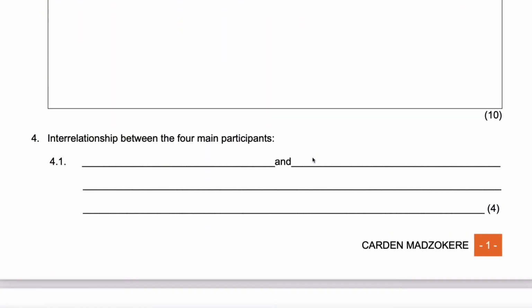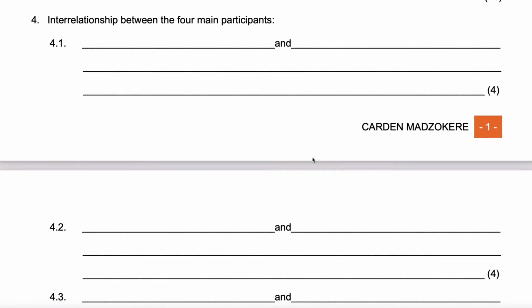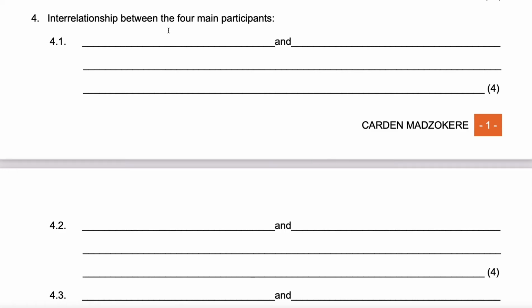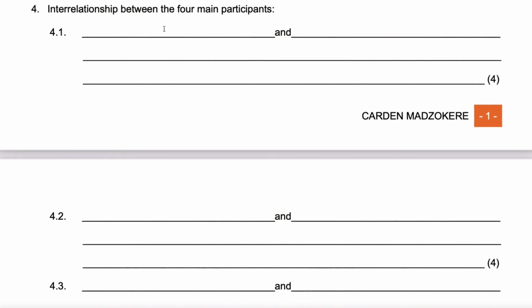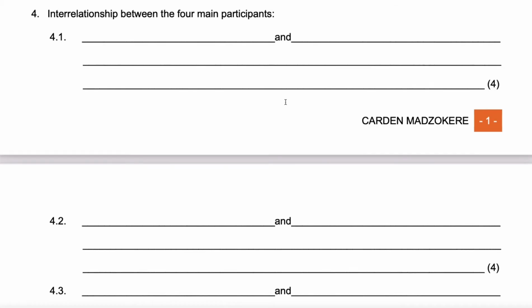Then here, what you have to do is to discuss the relationship between the participants. So you pick any two participants that you want to talk about. That would be maybe households and businesses. Then you tell us how they relate. So you can say something like households sell their factors of production to businesses. Okay, that will give you 2 marks. Here you get a mark for saying households and businesses, so 1, 2.